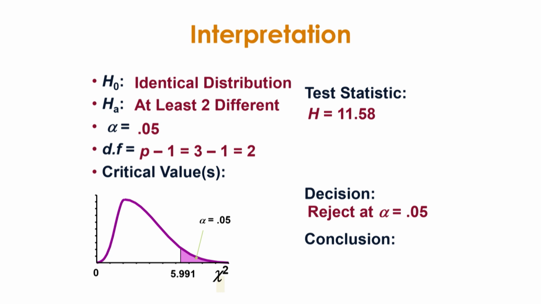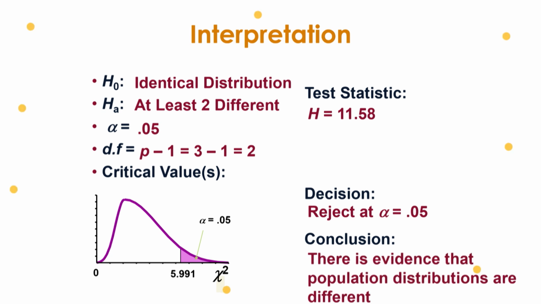The reason is that the test statistic H equals 11.58, which is greater than the critical value of 5.991. So we reject the null hypothesis at the 5% level of significance. We conclude that there is evidence that the population distributions are different, that is, the 3 machines perform in 3 different ways.